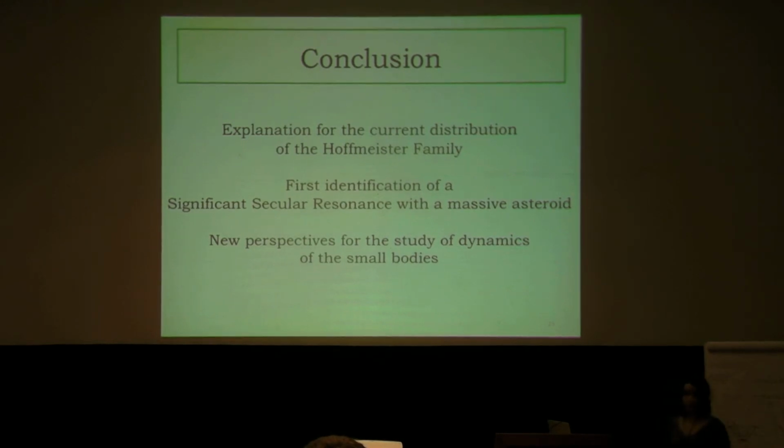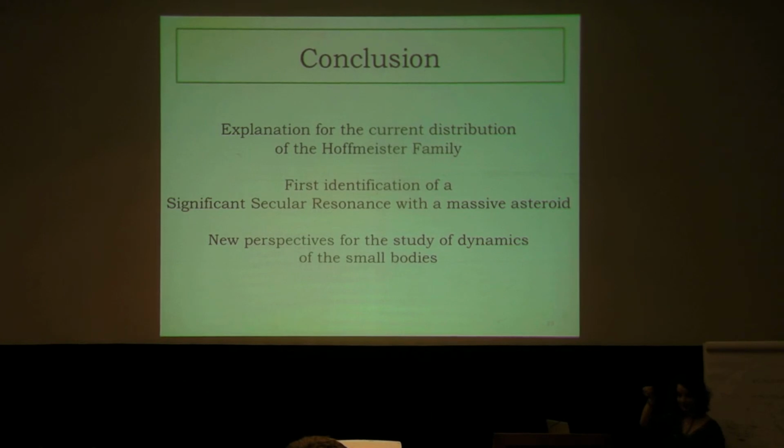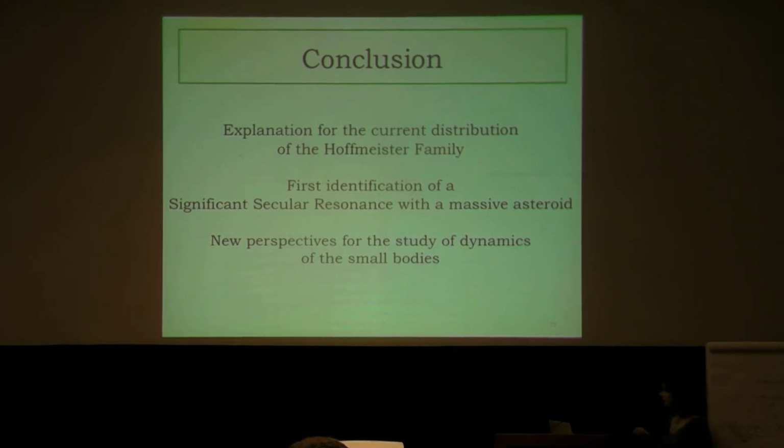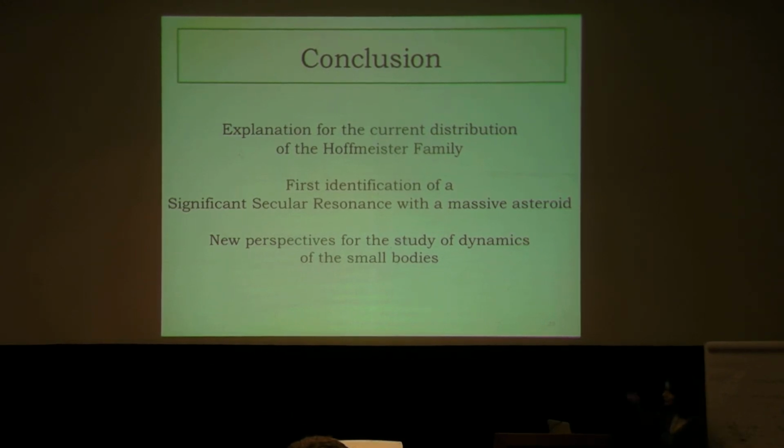So to summarize this presentation, we now have the explanation for the shape of the Hoffmeister family in the proper element space, which is a combination of the Yarkovsky effect and first this secular resonance with Ceres, which is pushing up and down the asteroids, and the asteroids which were pushed up finally reach Z1, which is dispersing them in this proper semi-major axis, inclination and also eccentricity plane.